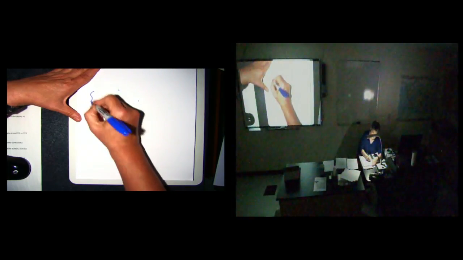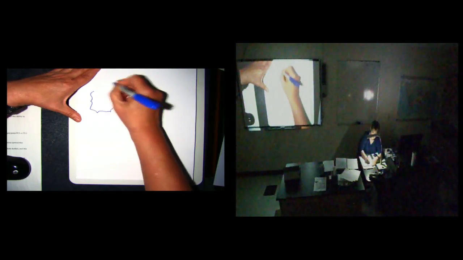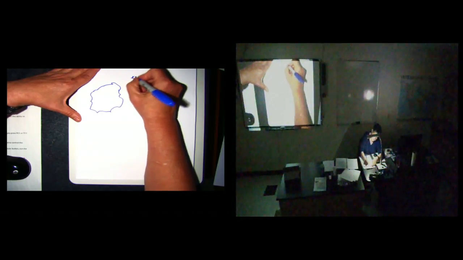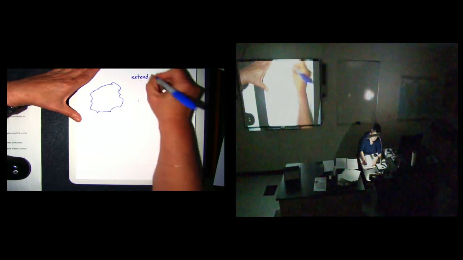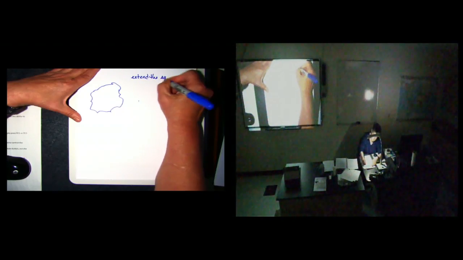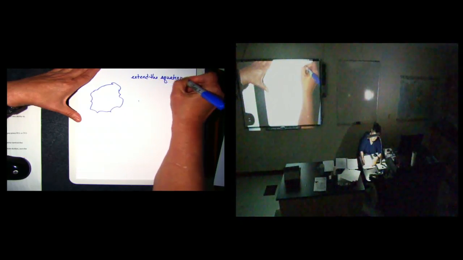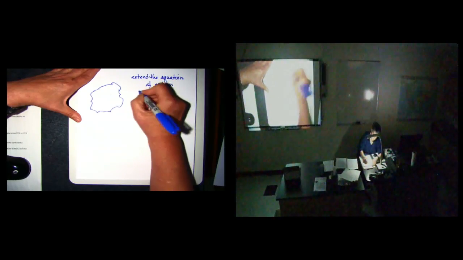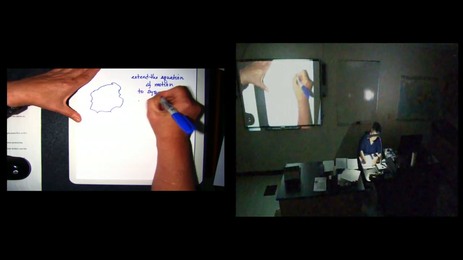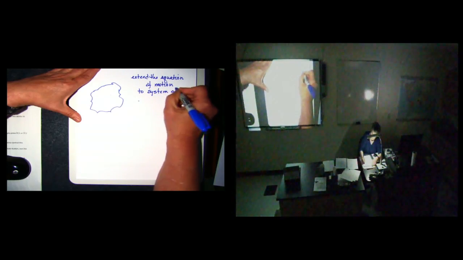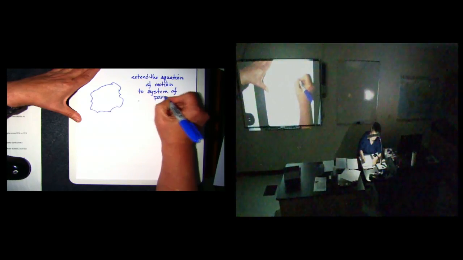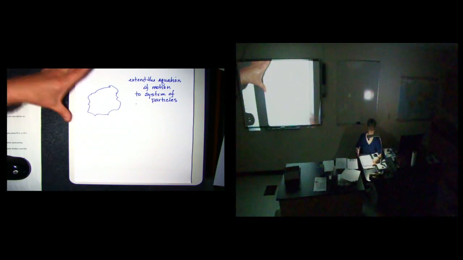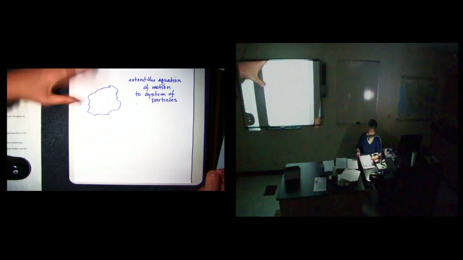And this blob can be made up of a bunch of individual particles, and we're going to look at the ith particle. And in this system of particles, there's no restriction in the way that the particles are connected.